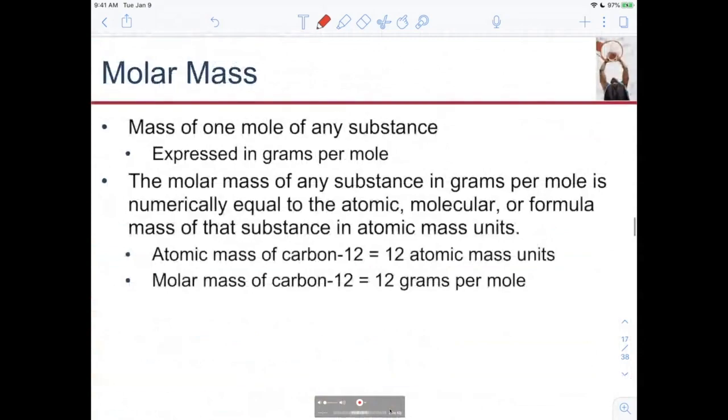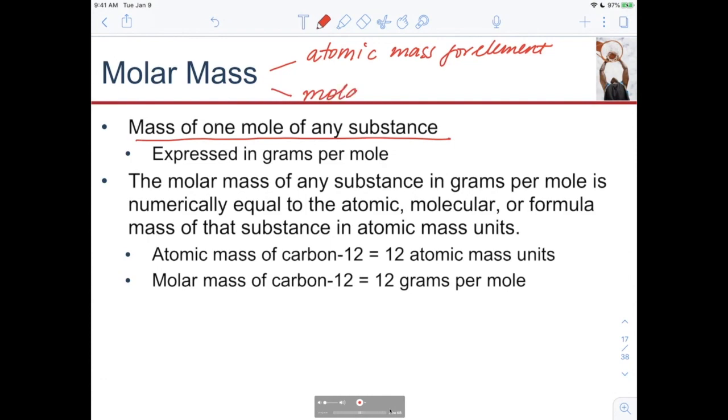Okay. This next part here is molar mass. We're now defining the molar mass, which is the same thing as the formula mass, right? Molar mass is the mass of 1 mole of any substance. Just FYI, all the periodic table masses are technically molar masses, even though if it's just an element, they will use atomic mass for element, or molar mass for compound.